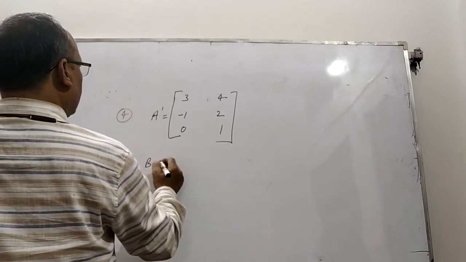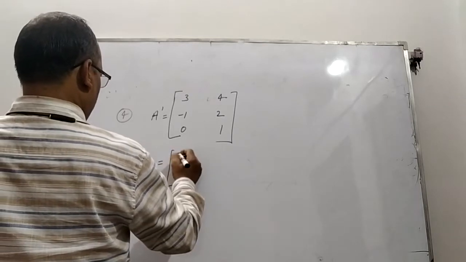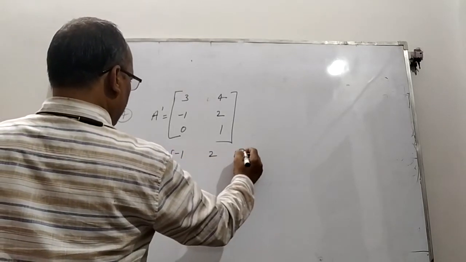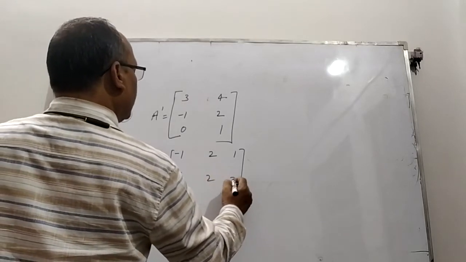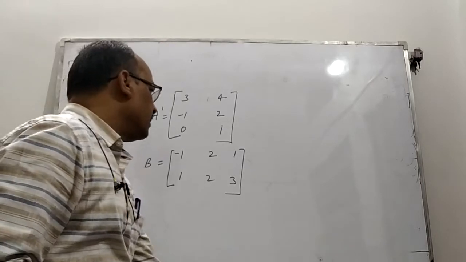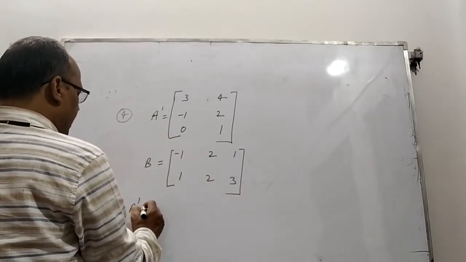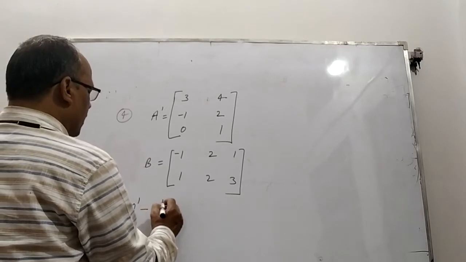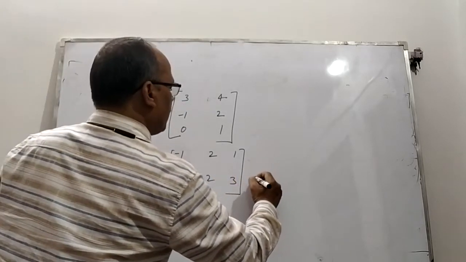B is minus 1, 2, 1, 1, 2, 3. Then we get transpose of A minus transpose of B. Transpose of A is this, and transpose of B you can get.